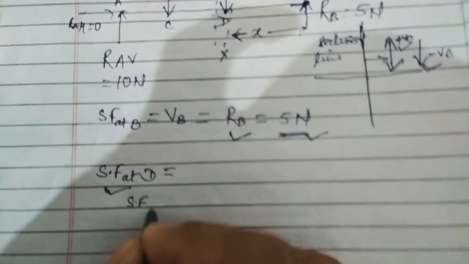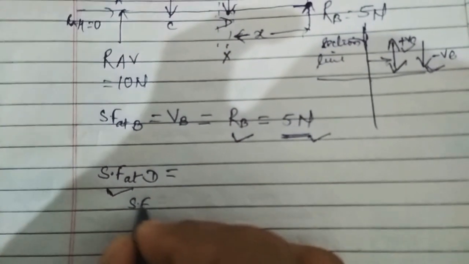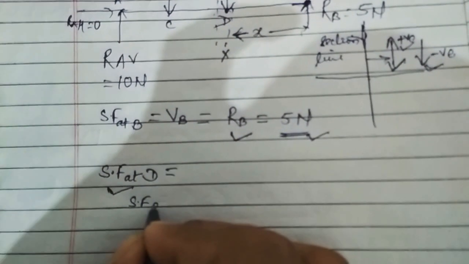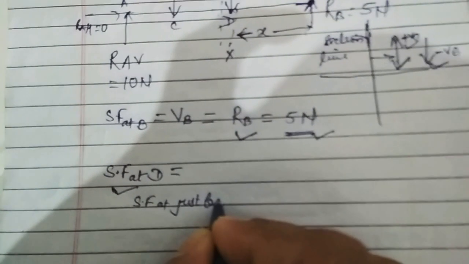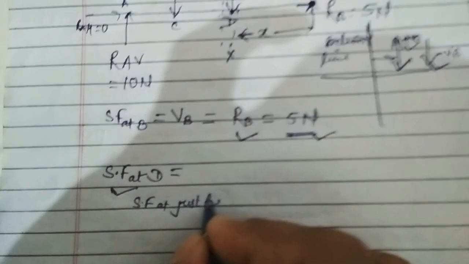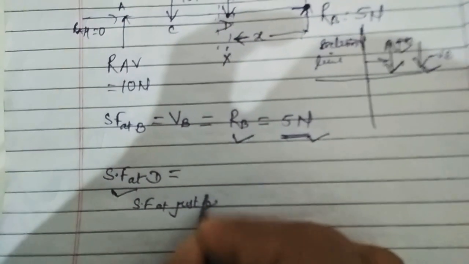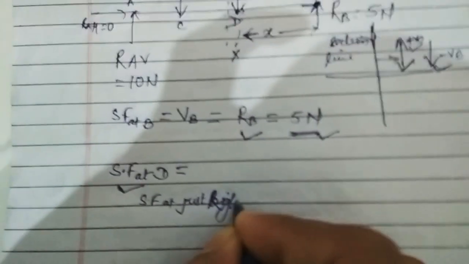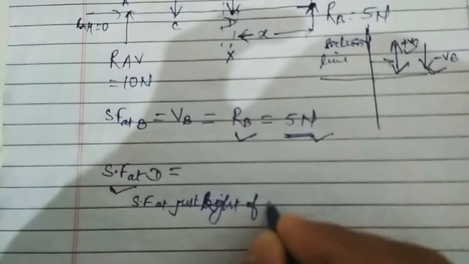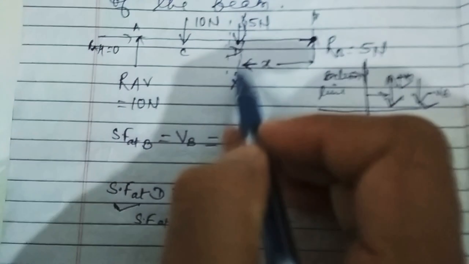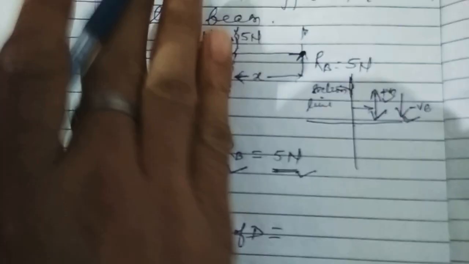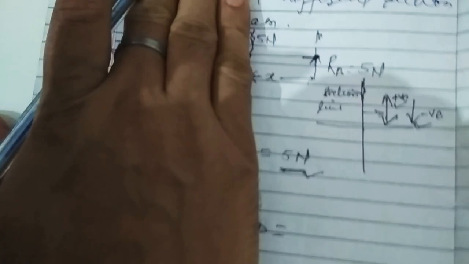The value of shear force just before, right of D. So this is the section line. Just before D, this is the scenario.